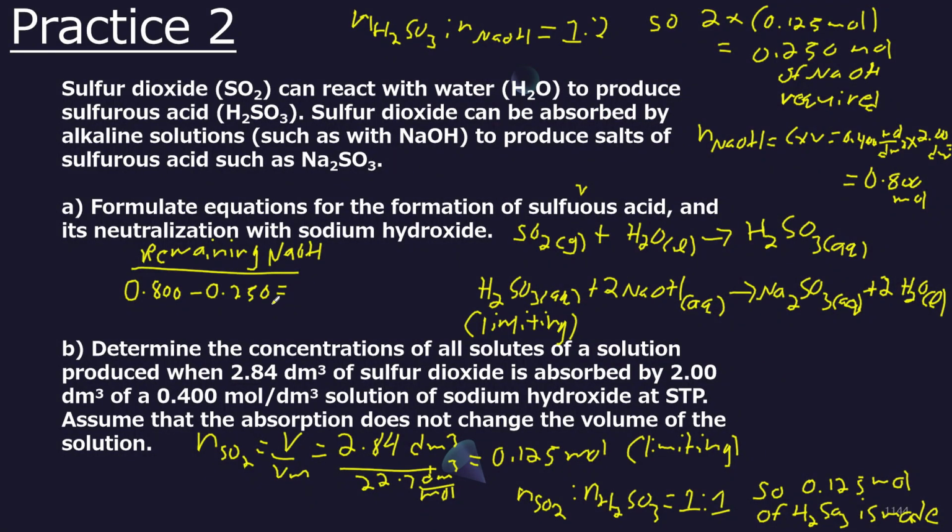And that comes out to 0.550 moles. Very good to know. And then we need to know how much Na2SO3 will be produced. So I'll try to write that on the right here. Sorry for going all over the place.